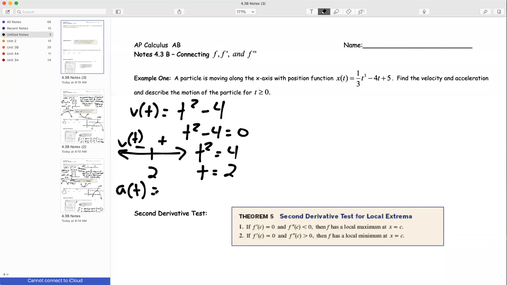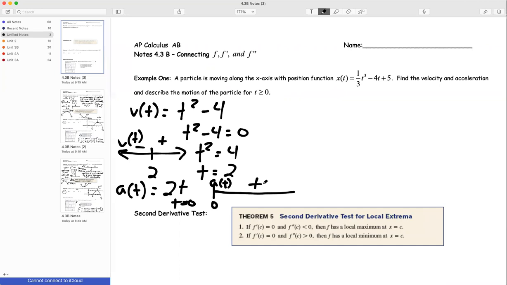And also I'm going to find the acceleration equation, which would just be 2t. And if I set this equal to 0, I get t is equal to 0. And so if I make a graph of the acceleration, which starts at 0, and I plug in a positive number, this will be positive.